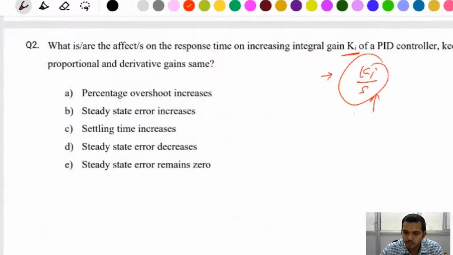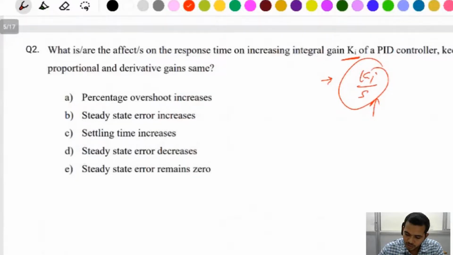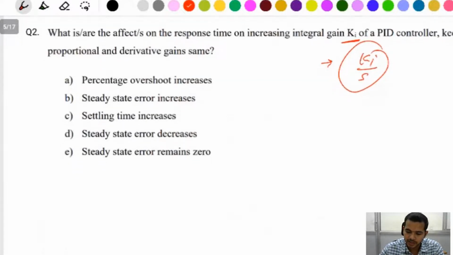Any system, if you have a pole increasing, then the phase will increase in the negative direction. Because the phase of any system is tan inverse 0 minus tan inverse pole. If the pole increases, then the negative increases, then phi will decrease.